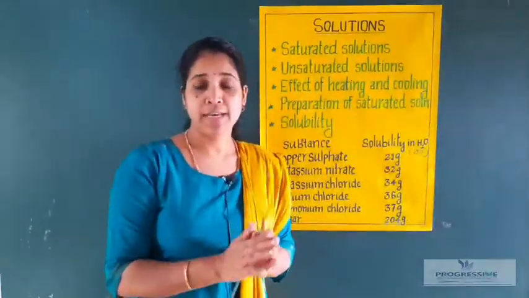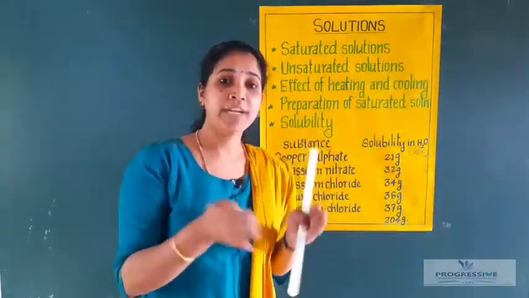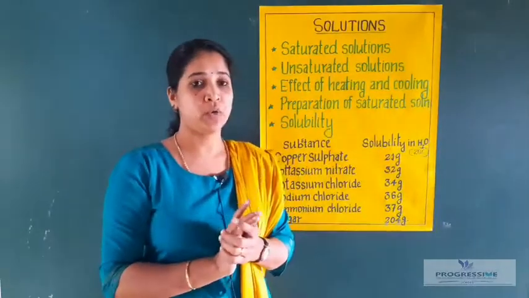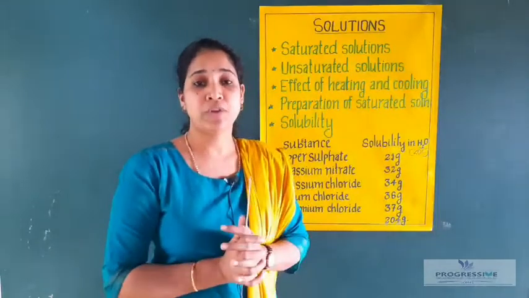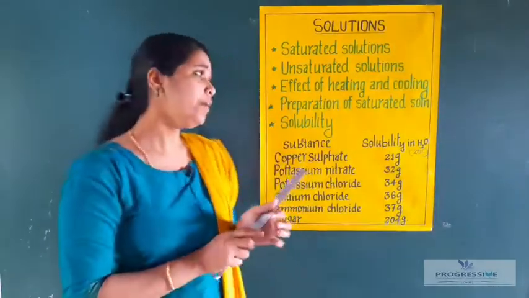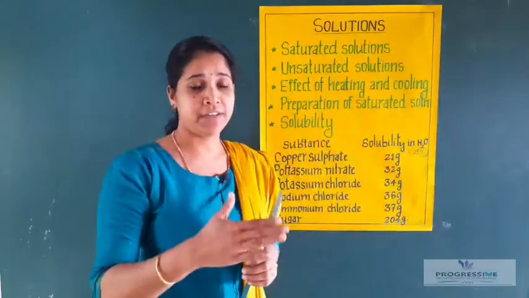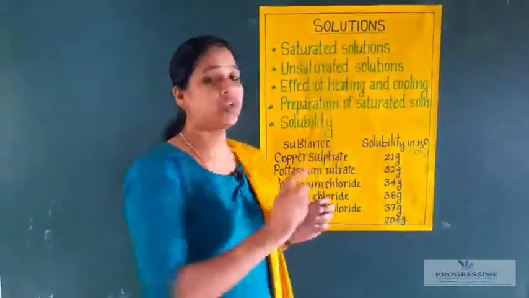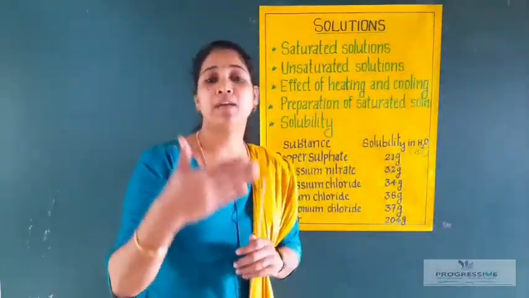We know that in a saturated solution we cannot add any more solute, because the maximum amount of solute is present in it. But when we heat this solution, that means when we increase the temperature of the saturated solution, the solubility increases.